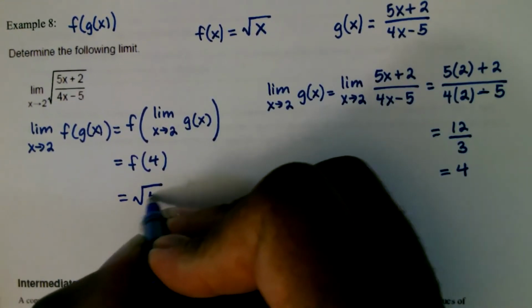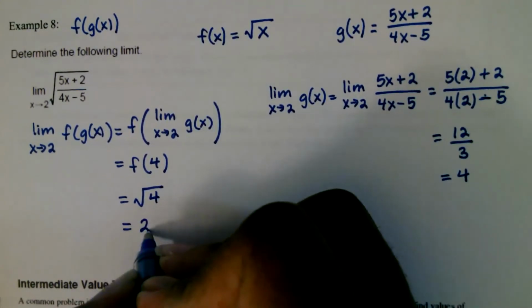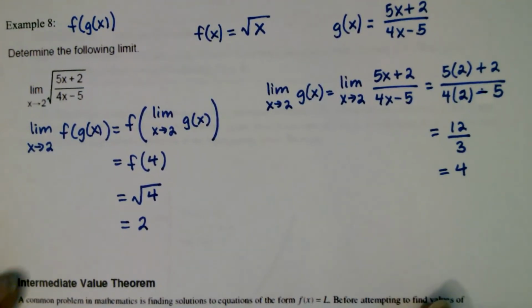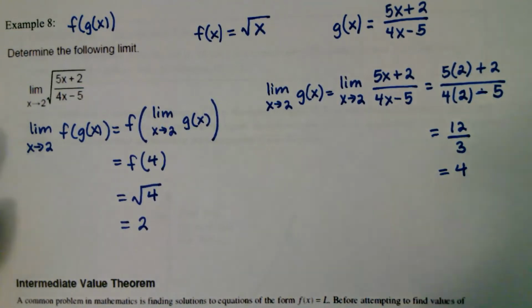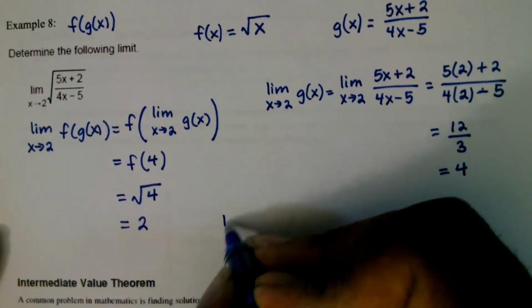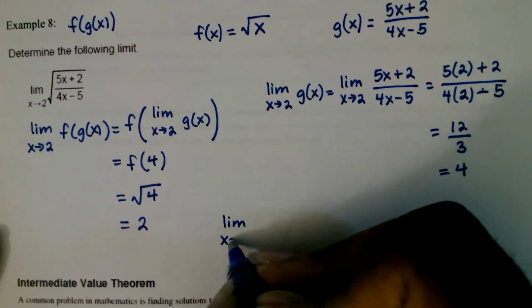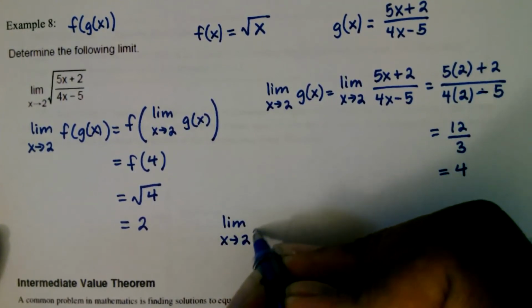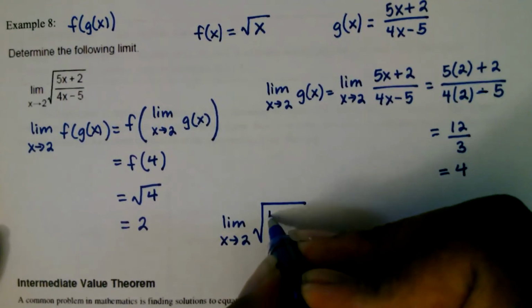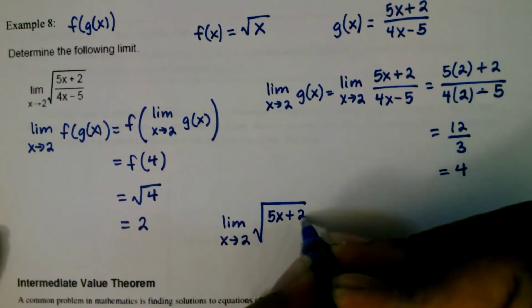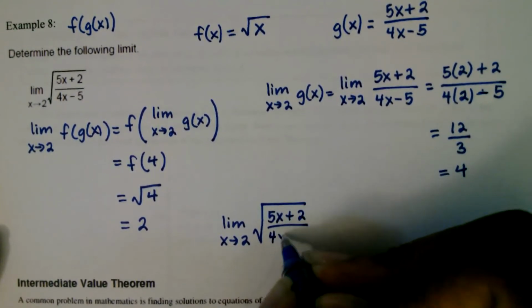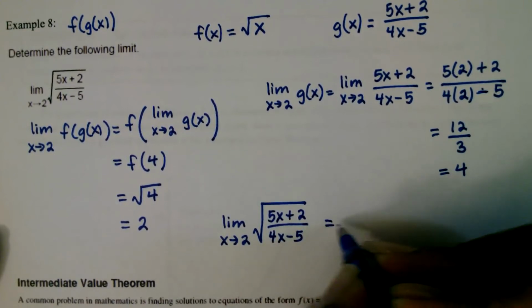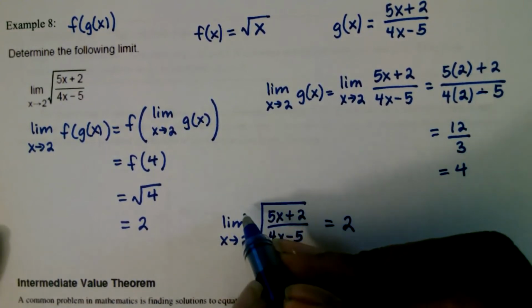So it'll be the square root of 4, which ends up being 2. So here, the final answer for the limit as x approaches 2 of the square root of (5x plus 2) over (4x minus 5) ends up being 2.